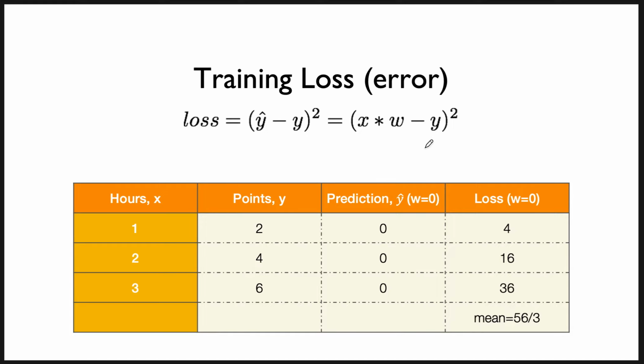Basically, what we want to understand is how this loss value changes based on W. Similarly, when W is 0, we can see the differences and compute the loss. It's a very simple case. We continue this. When W is 1, we can compute the y hat, and then the loss and the mean over the loss.